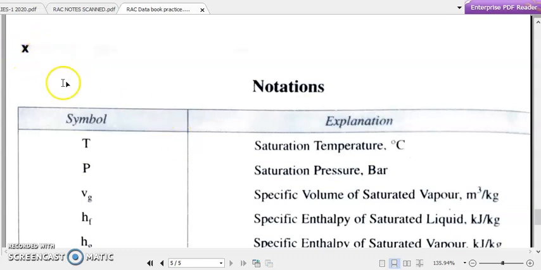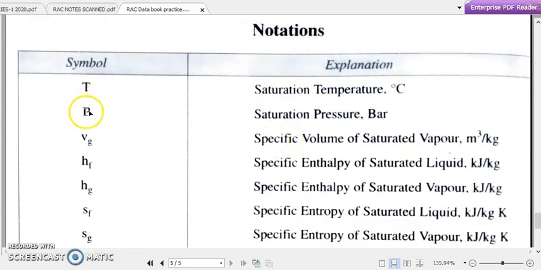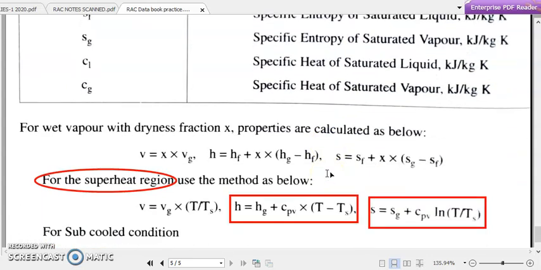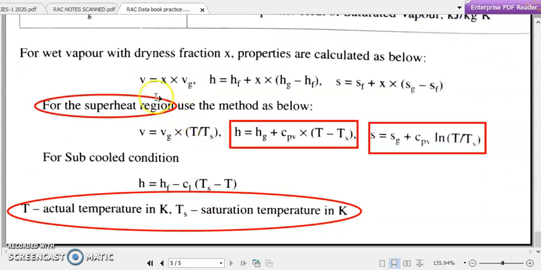This notations page comes in the initial sections of the CP Kodandaramam data book. The various notations followed in this data book, and their explanations, are given. When we read through those notations, it is given: for the superheat region, use the method as below.